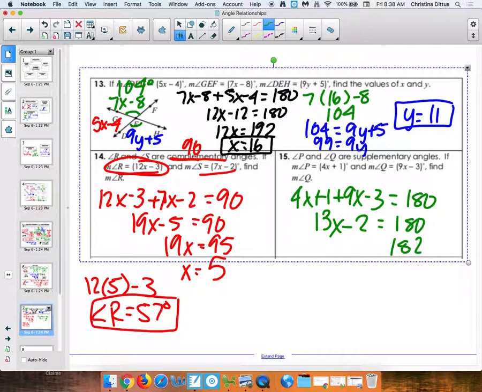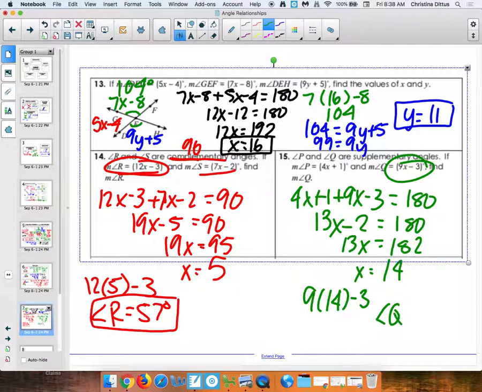Add my 2. X equals 14. I need to find Q. Plug it in. 9 times 14 minus 3. How much is angle Q? 123.